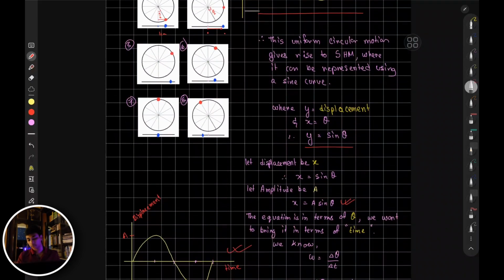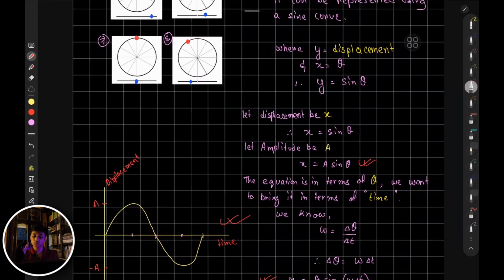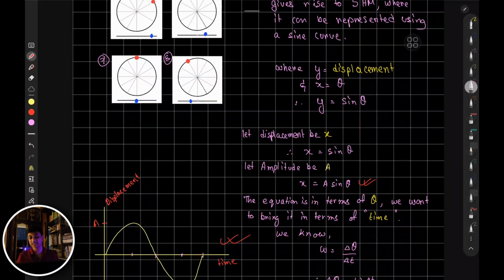So now if we want to manipulate it and bring it in terms of t, there are a few changes we need to make. First, let's change the y. Why do we want to change the y? Because in your book it is written in terms of x, meaning displacement.